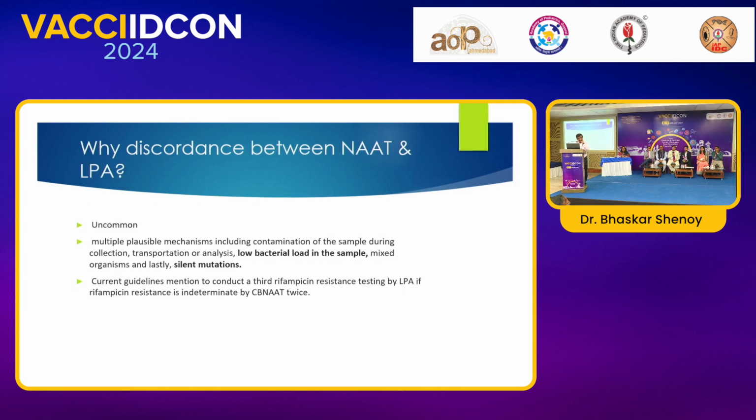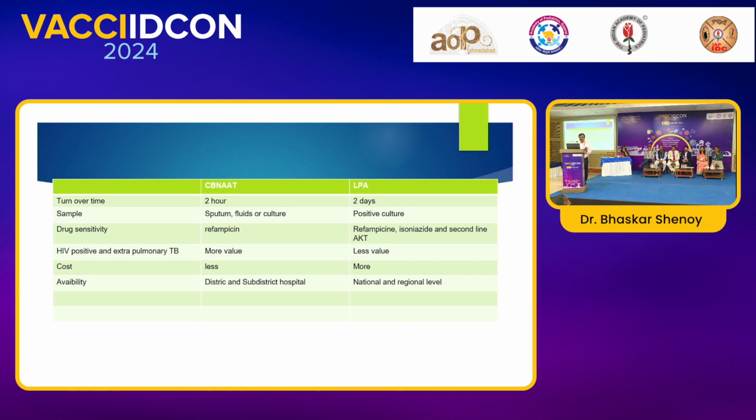So one reason is the low bacterial load in the sample. There are also some silent mutations, that's what they describe. So as per current guidelines, if rifampicin resistance is indeterminate by CBNAT, we should always go for LPA. That is the message. These are the differences.